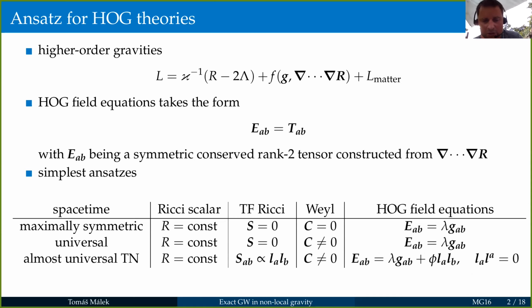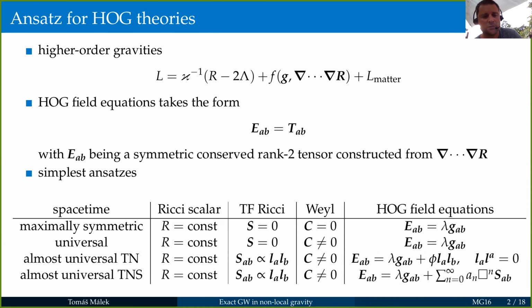And there is a special subclass, which we'll use for the derivation of our solutions of almost universal spacetimes, which is called TNS. The S here means that for this special subclass of almost universal spacetimes, this term here can be written in this form.